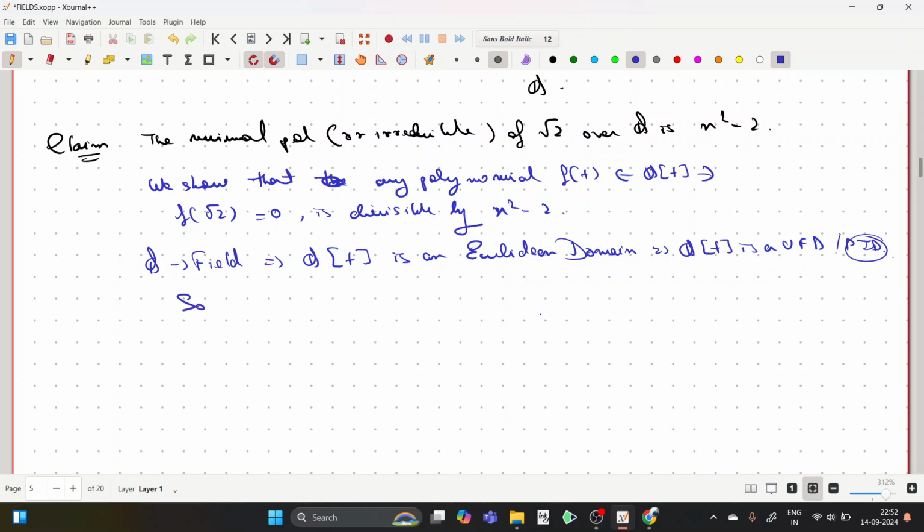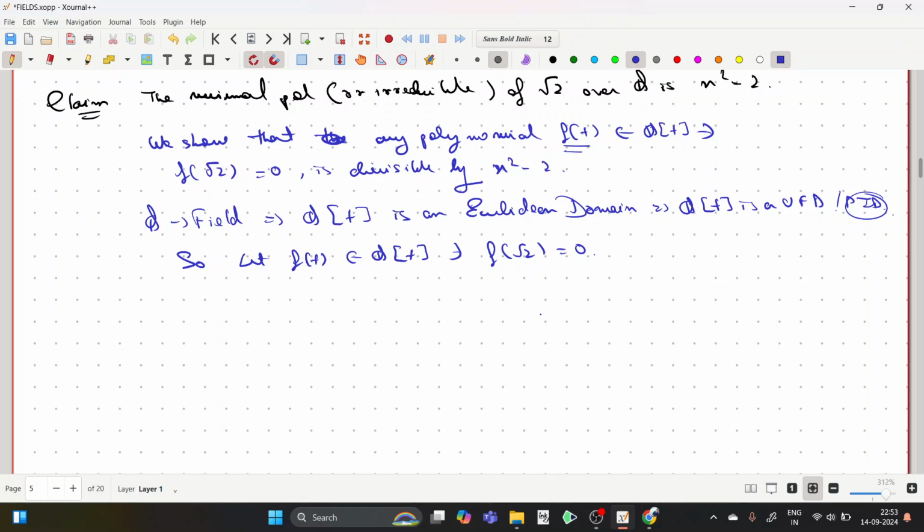So we choose a polynomial f(t). Let f(t) belong to Q[t] such that f of root 2 is 0. I want to divide f by x square minus 2.